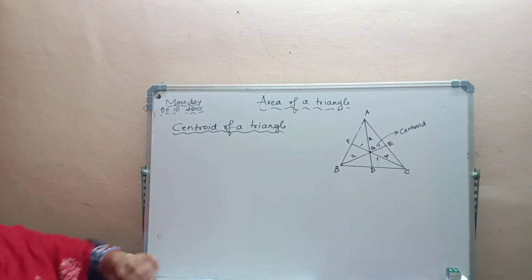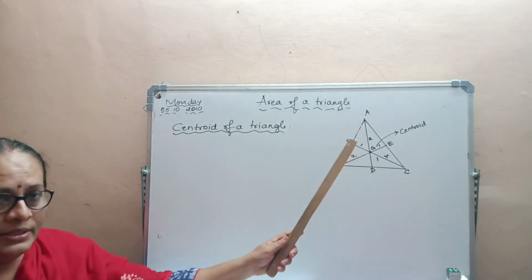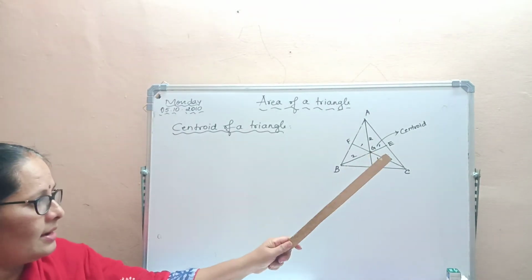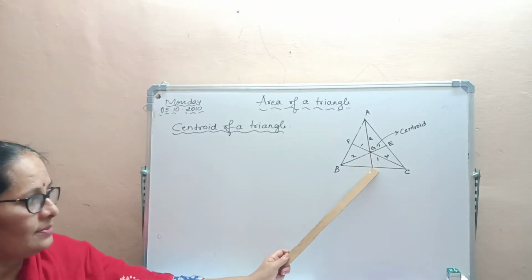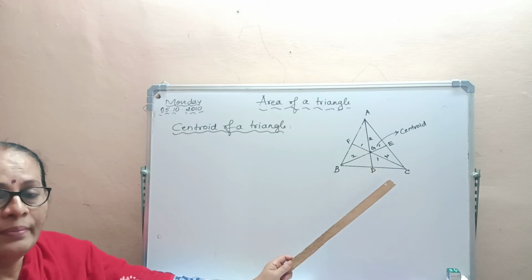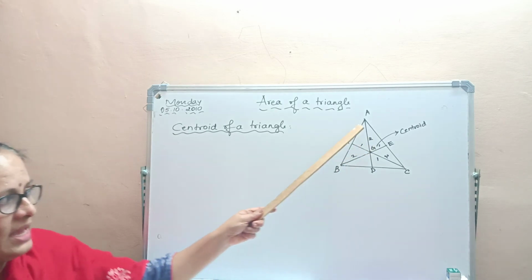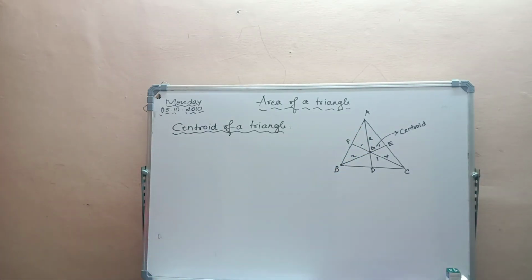So using this ratio, we can find the point of intersection, that is centroid, and using this centroid, we can find the length of the median also. Now, coordinates of A, B, C are given.